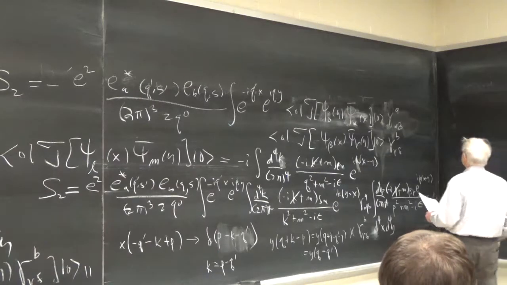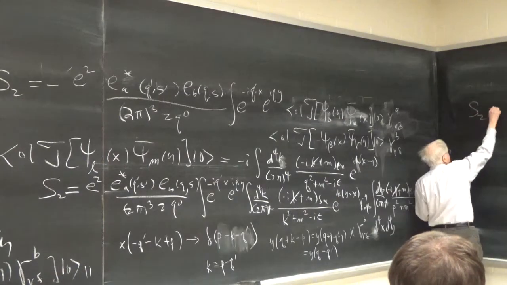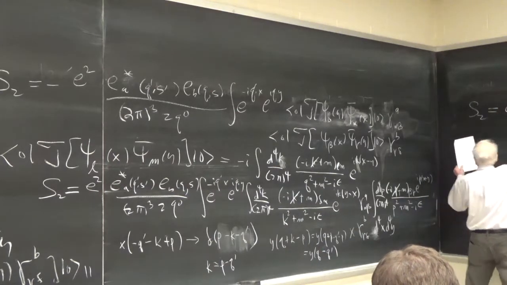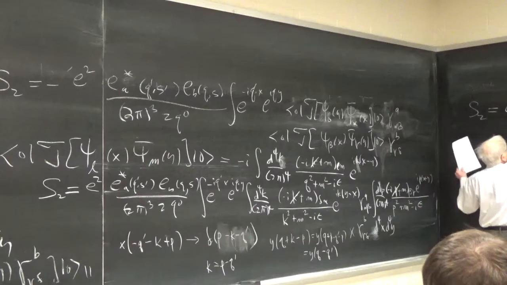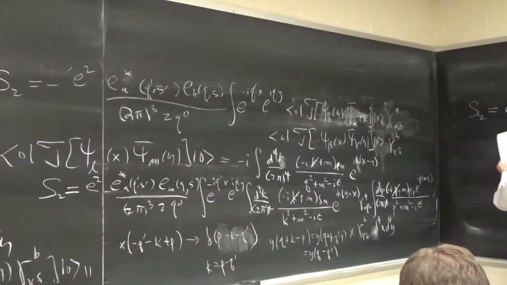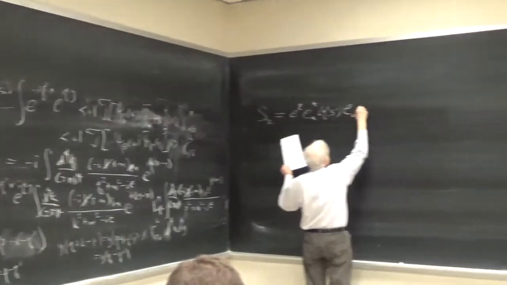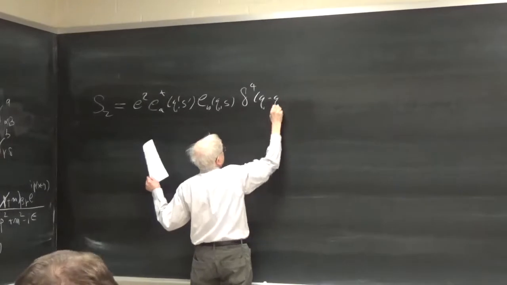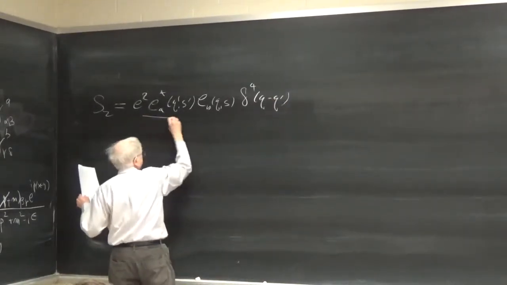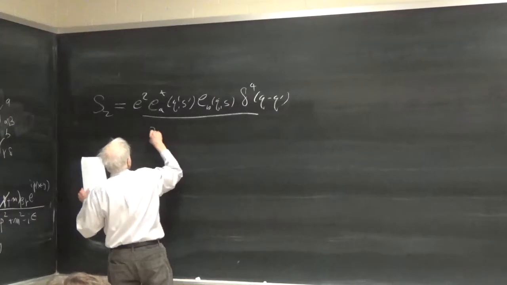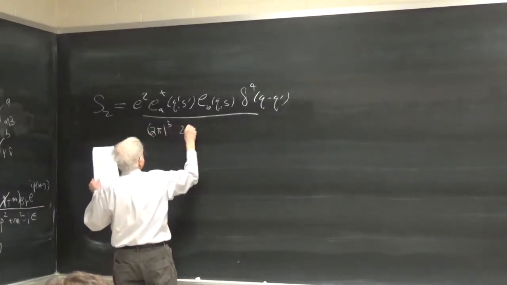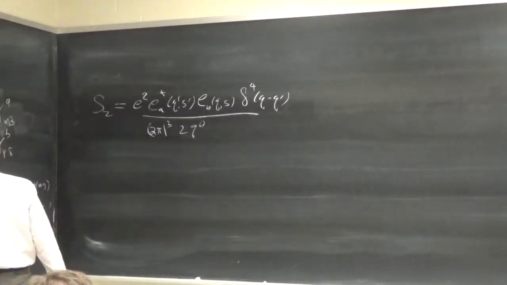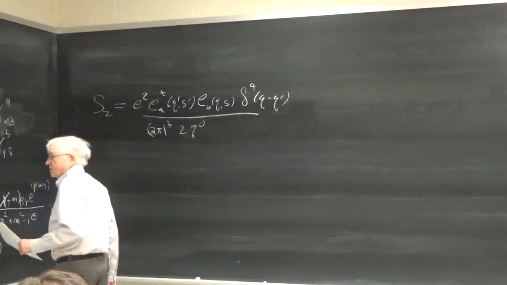So altogether, what we're left with here is S2 equal to e squared, e_A star of q prime, s prime, e_B of q, s, delta fourth of q minus q prime, over 2 pi q, 2q0.